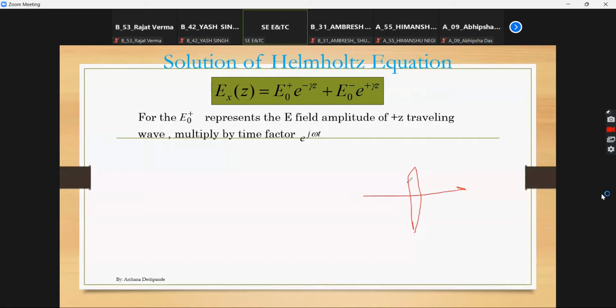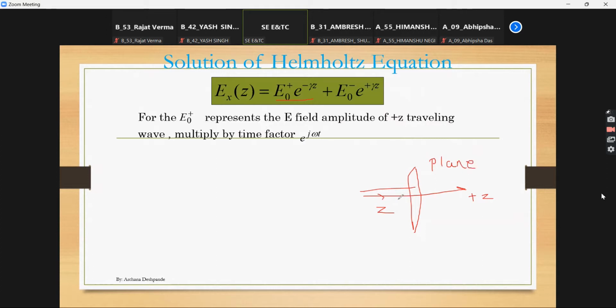Whenever it strikes any plane, maybe some plane which is your building's face, it is going to be reflected. So in free space there is a reflected wave and there is an incident wave. This is the incident wave which is along the positive Z direction, which gets incident on this plane.